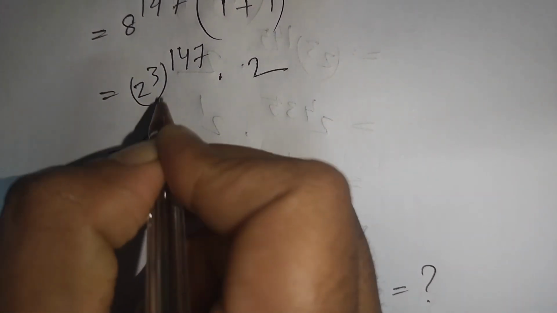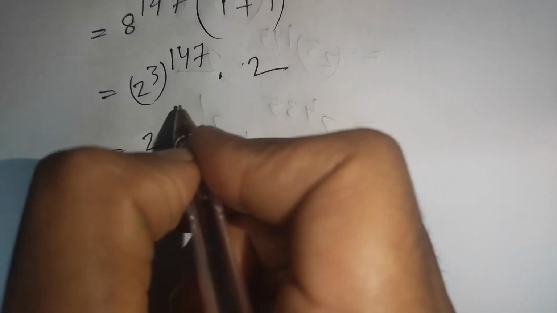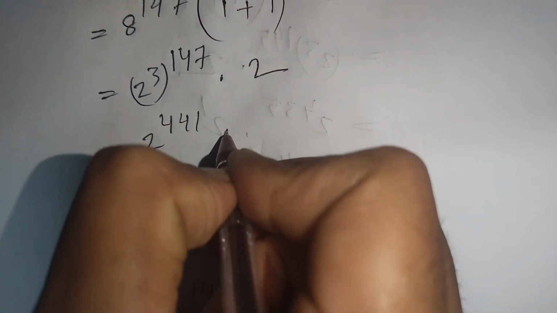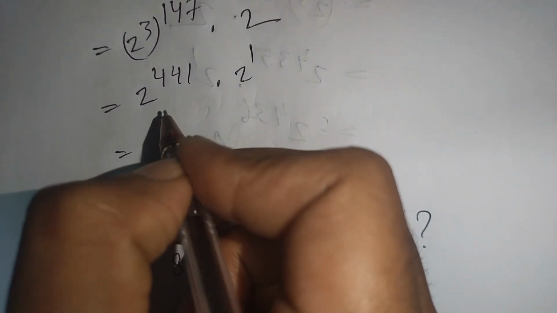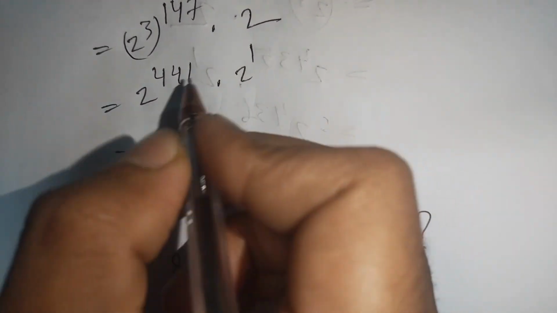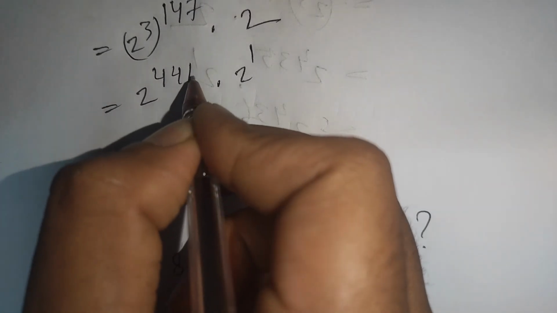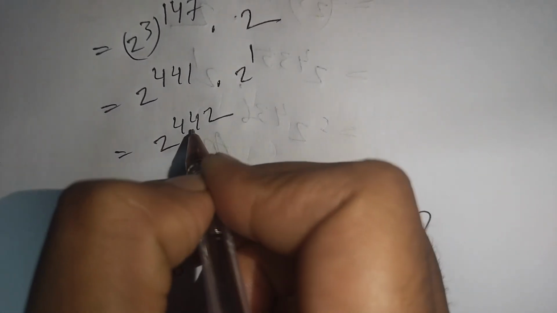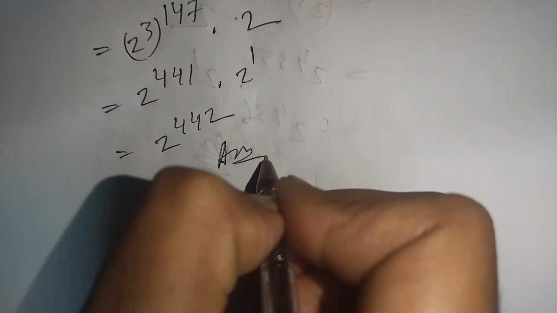Then 8 to the power 147 is the same as 2 to the power 3 times 147, which is 2 to the power 441, times 2 is the same as 2 to the power 1. Now we see 2 same base but different power, so we can write here 2 to the power 441 plus 1, that means 442. So 2 to the power 442 is the correct answer.